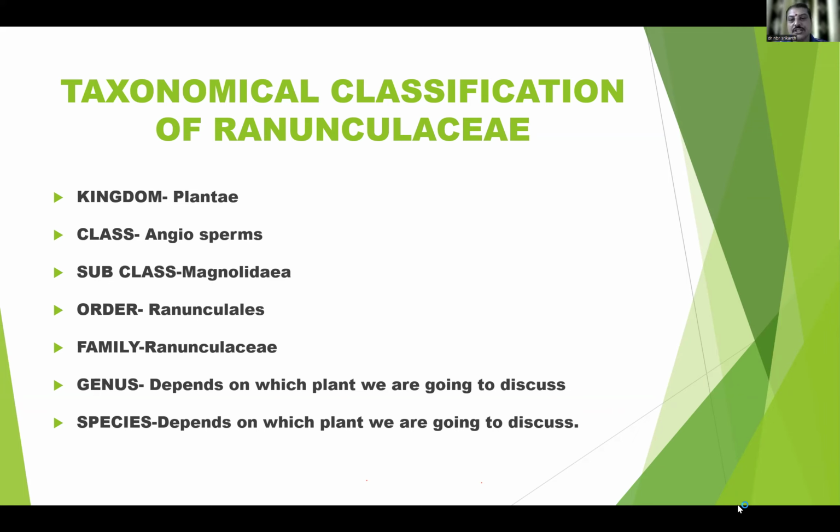If it is Pulsatilla, Pulsatilla nigricans. If it is Helleborus, Helleborus niger. If it is Aconitum, Aconitum napellus. Like that, the genus and species will vary. But this taxonomical classification by the botanists gives us a proper picture of the family Ranunculaceae.